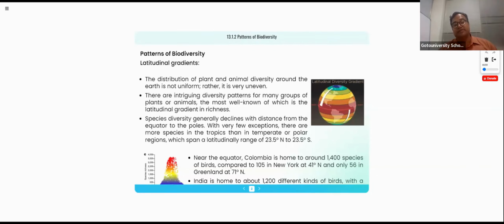The reason behind that is some areas have very good rainfall. Yes or no? We know this very well. Can you give an example?